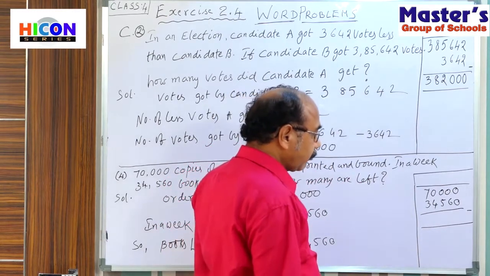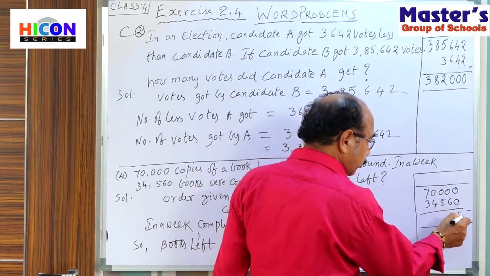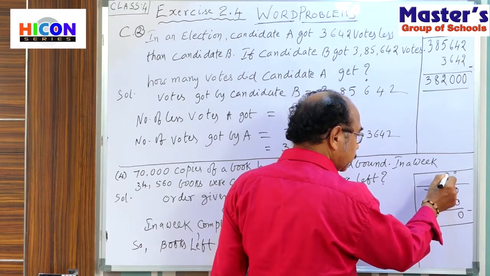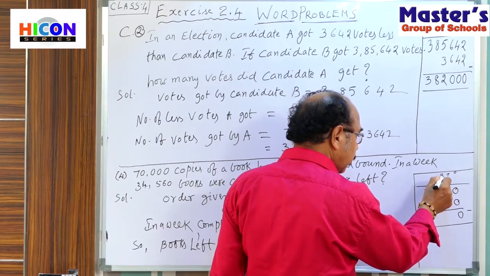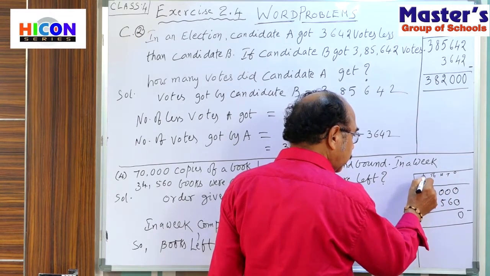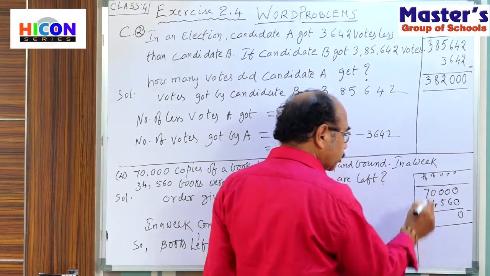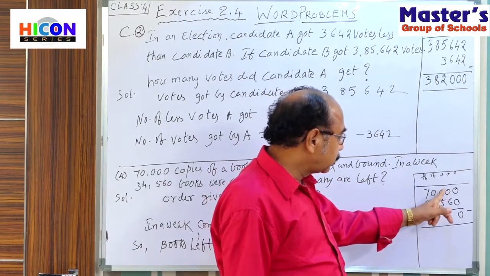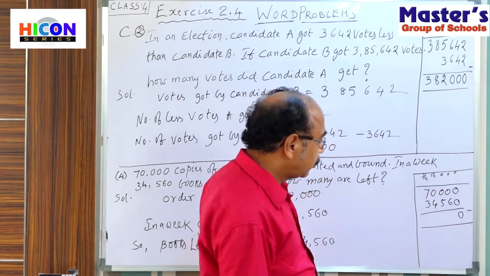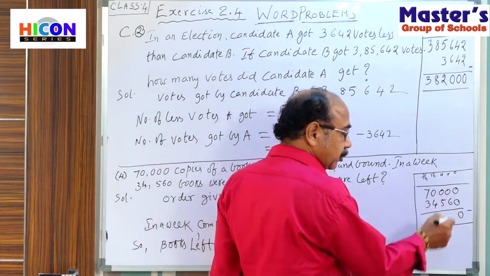Then, here 0 minus 0, 0. This is 1's place, this is 10's place, 100's place, 1000's place, 10,000's place. Units, 10, 100, 1000, 10,000. So 0 minus 0, 0.